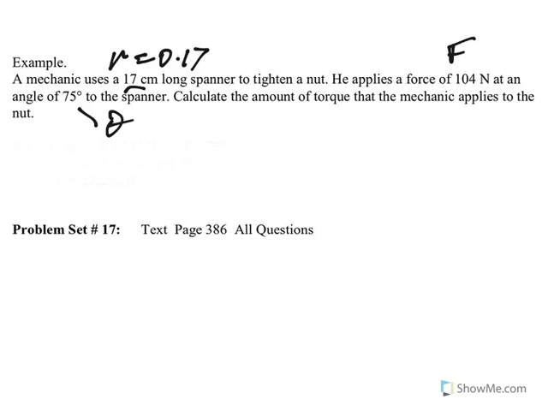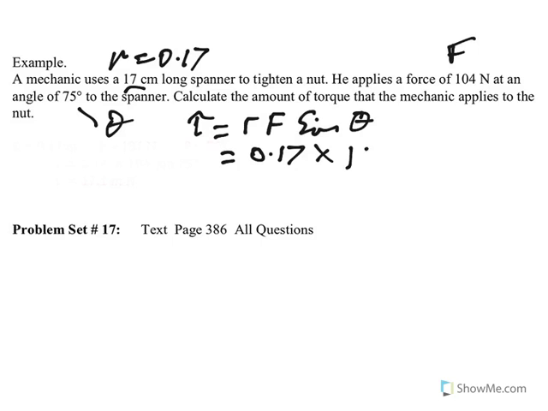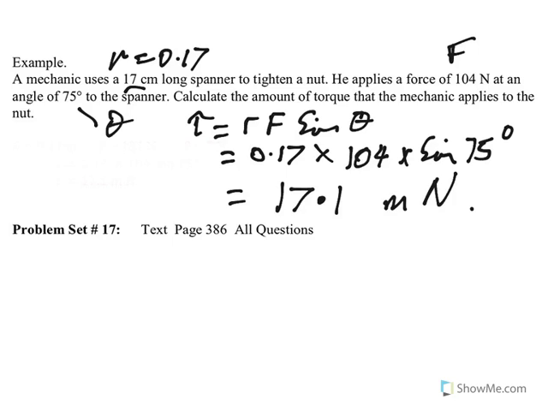As we know, torque equals RF sine theta, and the radius here is 0.17 metres. Remember, it's got to be in metres. Force is 104, sine of the 75 degrees angle. You put all of that in your calculator, and you get 17.1 metre Newton.